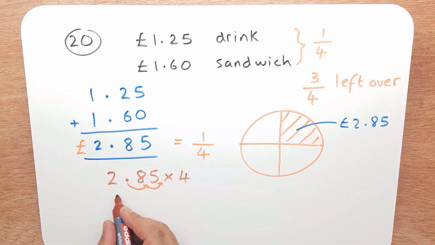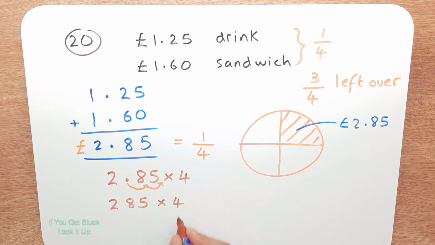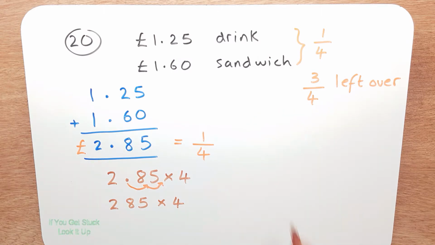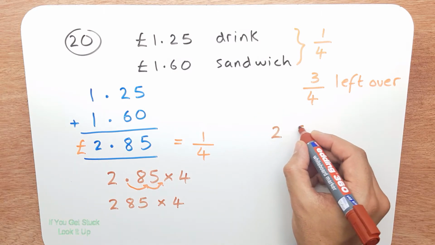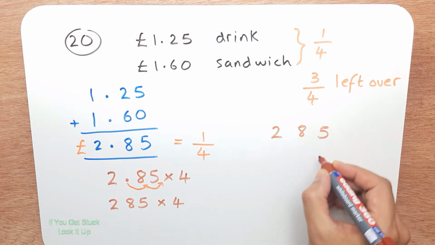So now my calculation is 285 times 4. So I can do that as a column multiplication. So let me remove this. 285 times 4.